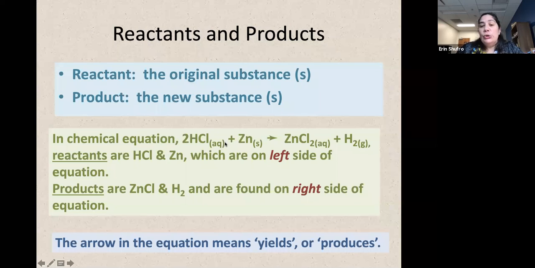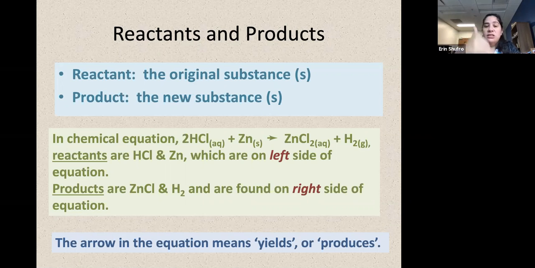And AQ, right? Whenever you see a little AQ, that stands for aqueous, which means you're dealing with a solution. Remember that a solution is usually some sort of solid or liquid dissolved into another liquid. So oftentimes in chemistry, we deal with a lot of things that are dissolved in water, and aqueous indicates that you're dealing with a solution whose solvent is water. Remember the solvent is the thing present in the larger amount.